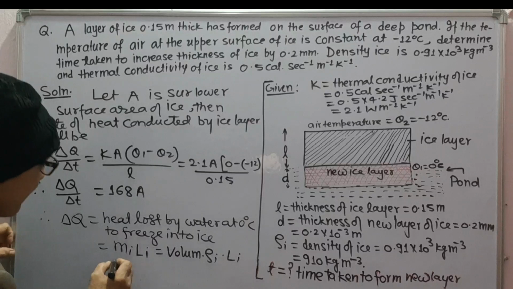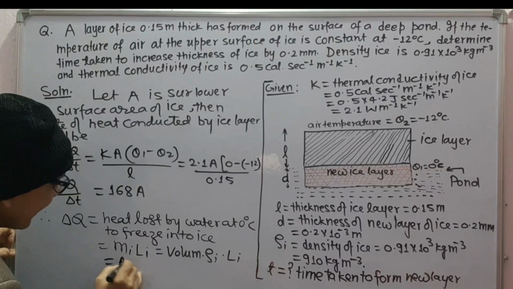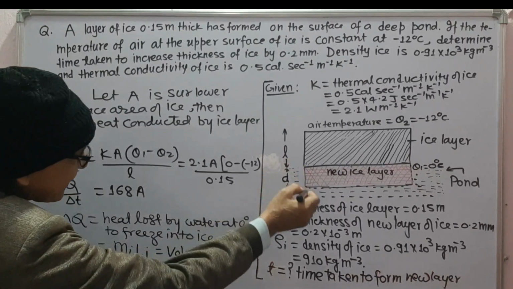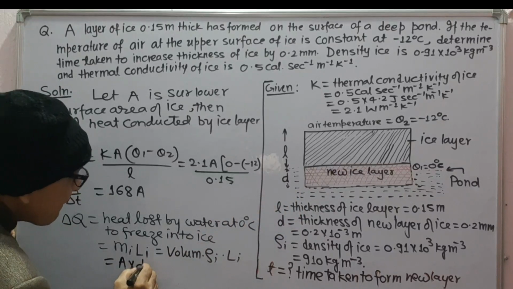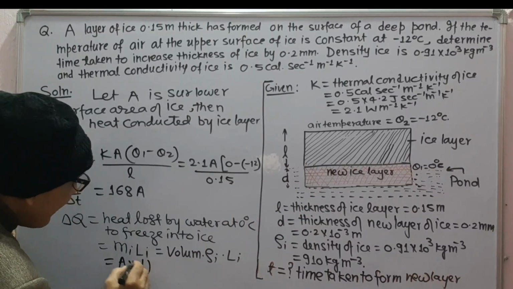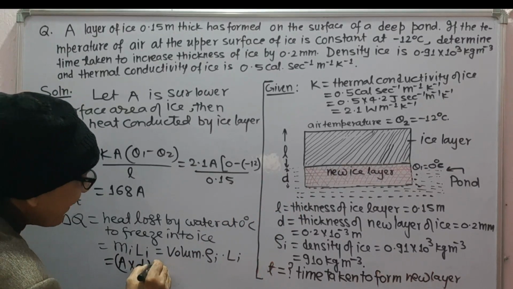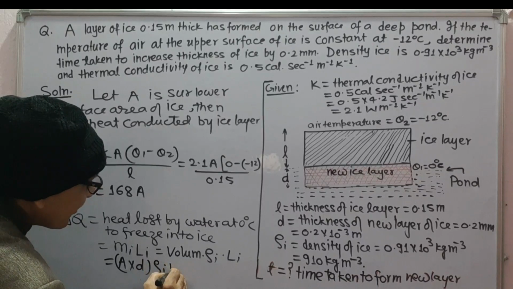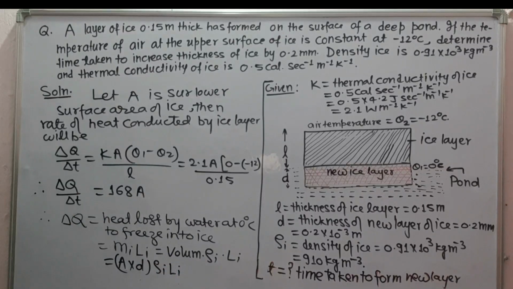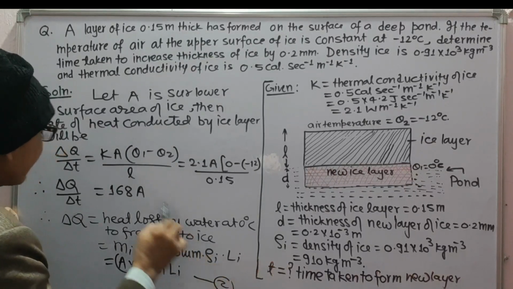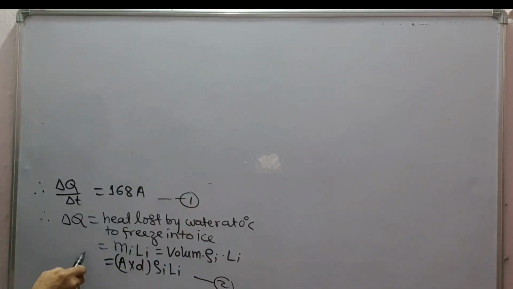Volume is equal to area into its thickness. Thickness is d. So delta Q is A into d into density into latent heat of ice. Call this equation 2, and the earlier one equation 1.